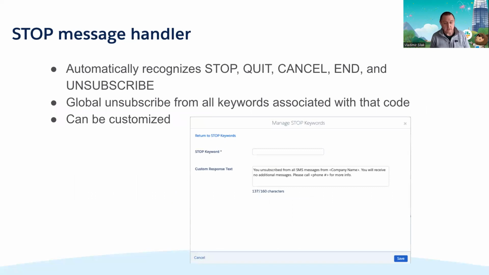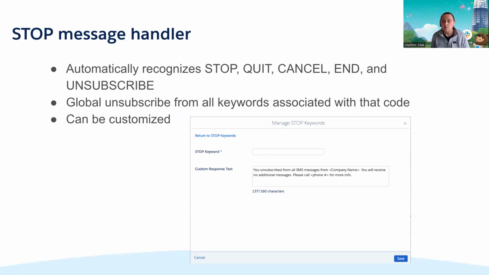Now, a few things to know about how the messages operate. Again, this is just a pre-run into what we can and cannot do and shouldn't do. It goes back to compliance. The stop message handler is the ability for an individual to unsubscribe from your communications. Unlike email, where you can click on a link or fill out a form, on the mobile channel you are required to provide the ability for people to respond back and say, stop, I don't want to receive anything.